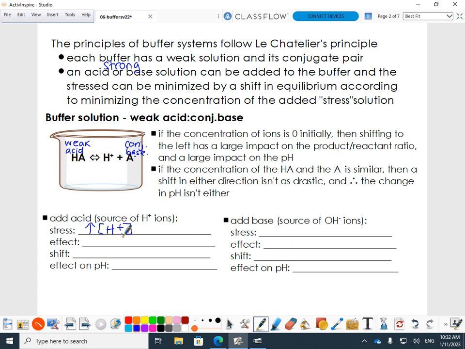Do you like to think of it like, if it's a product you're increasing, then the reactant has to increase to balance out? Maybe you prefer to say if you increase the concentration of H+, it has to shift to consume it. Whatever made more sense to you in the first unit will work here too, okay?